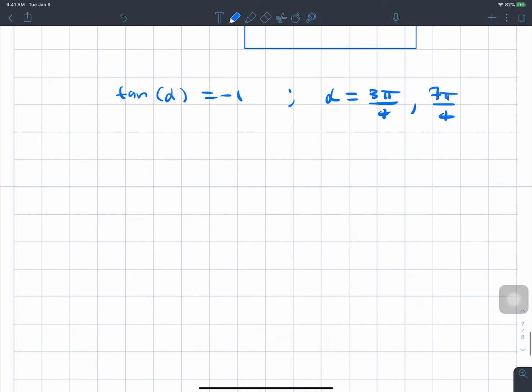And really, if you wanted the general solution, alpha is going to be 3 pi over 4 plus n pi, where n is some integer.